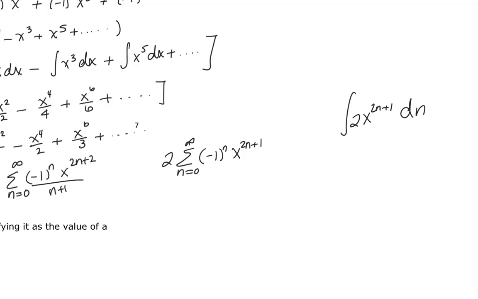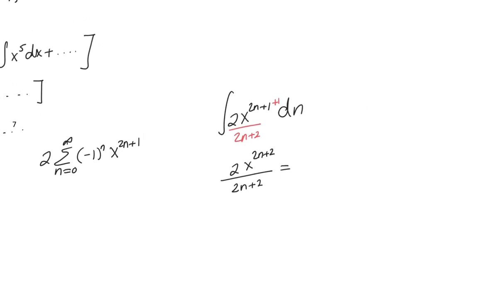I would add 1 here and then divide by that 2n plus 2, right? So I'd have 2, and then I'd have x to the 2n plus 2 over 2n plus 2, and then I'd have a plus c.